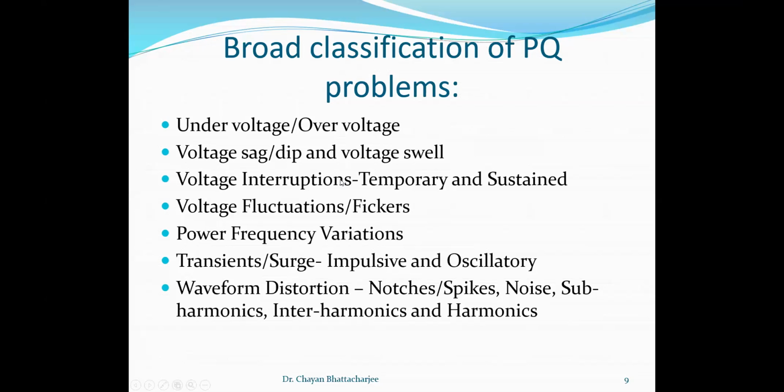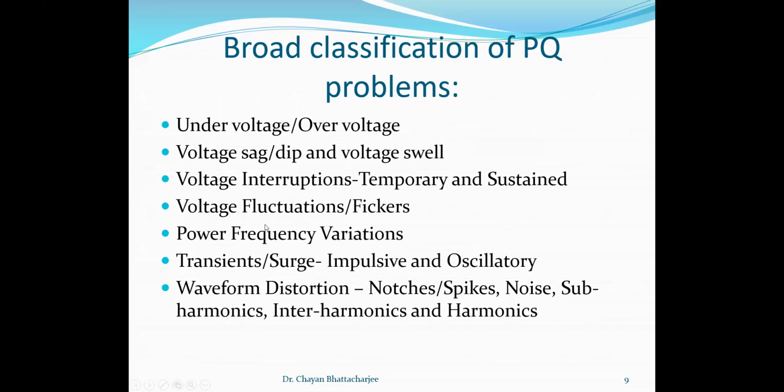So, voltage fluctuations and flickers are basically low frequency variations of voltage. Low frequency means less than the power frequency, so less than 50 Hertz I'm talking about. And its magnitude will stay within 0.9 pu to 1.1 pu. That is the allowable range, 0.9 to 1.1.